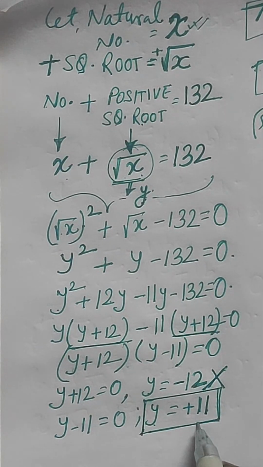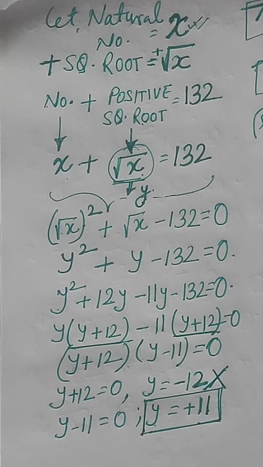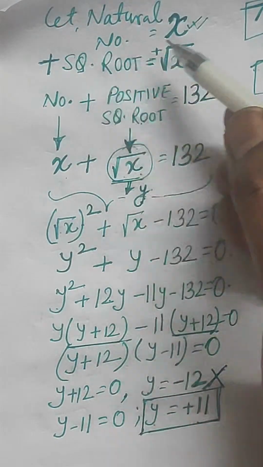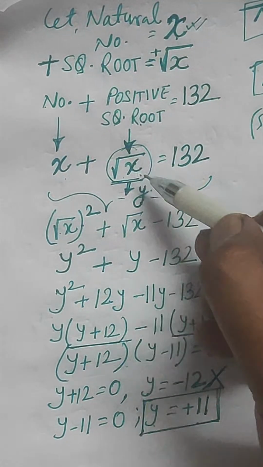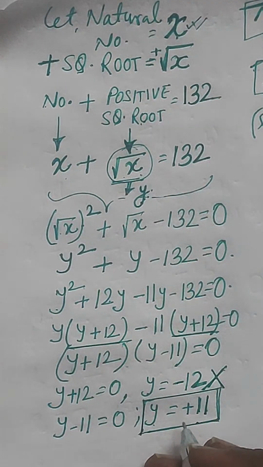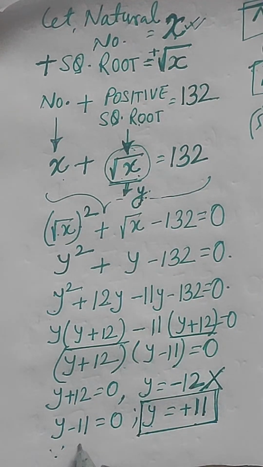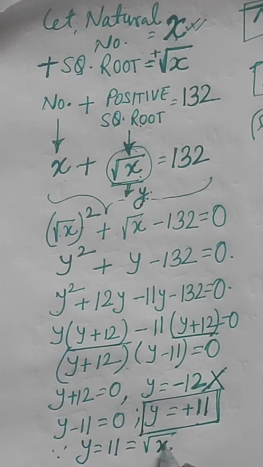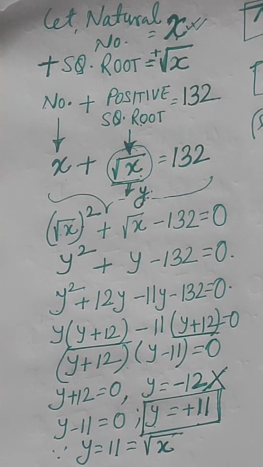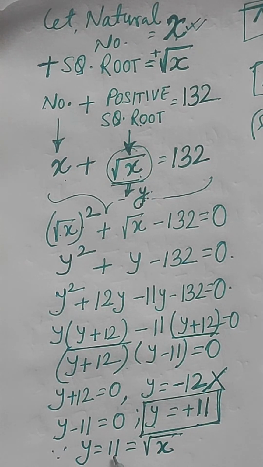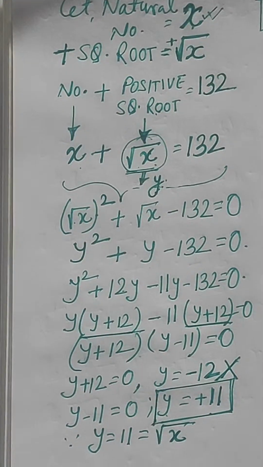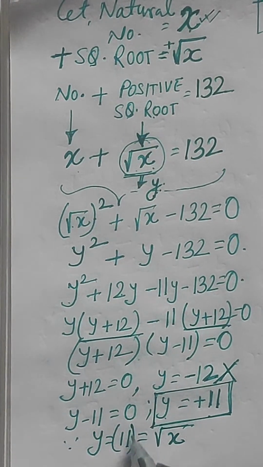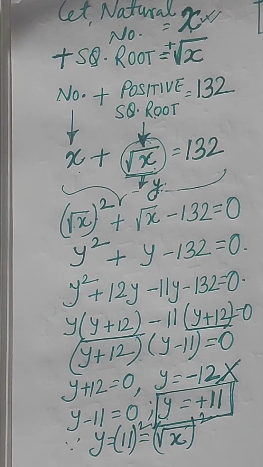But 11 is not your answer. Why? Because we have assumed the natural number is x, and root x is equated with y. So since y equal to 11 is equal to root x, and we need to find the value of x, squaring both the sides, we get the value of x.